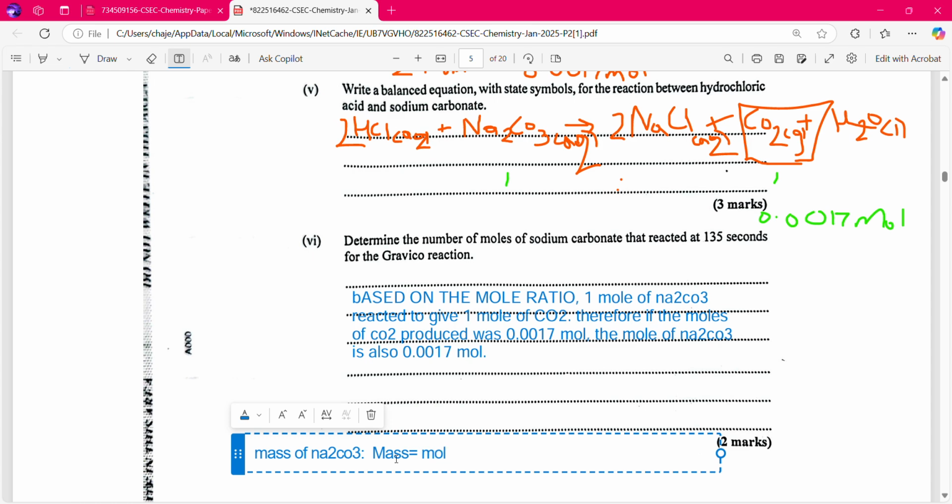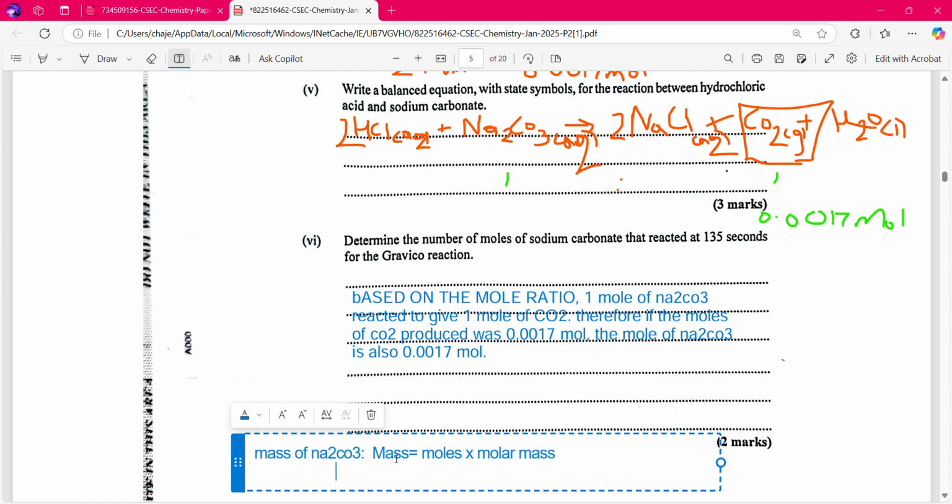Mass equals moles times molar mass. Yes. And the moles that we have is 0.0017 mole. Molar mass of sodium carbonate is what?